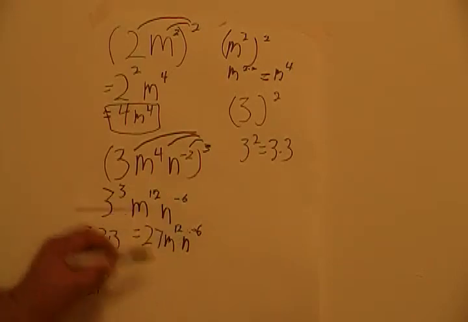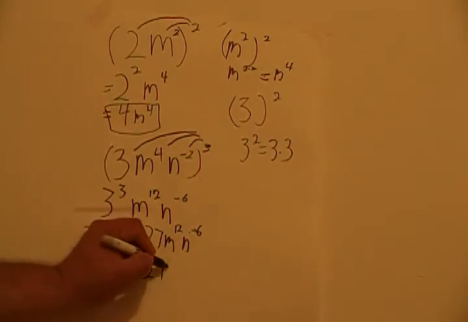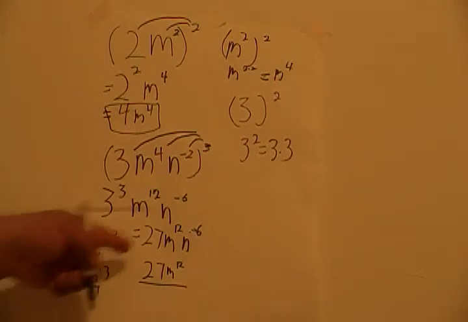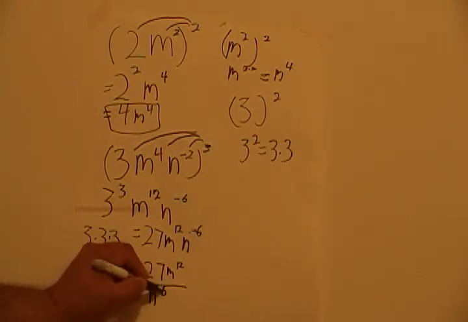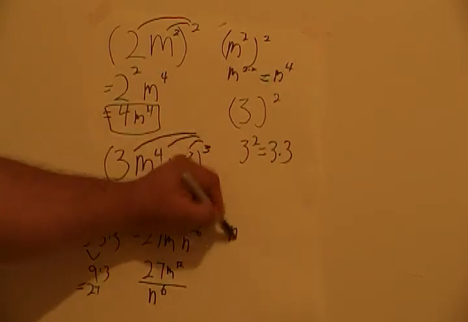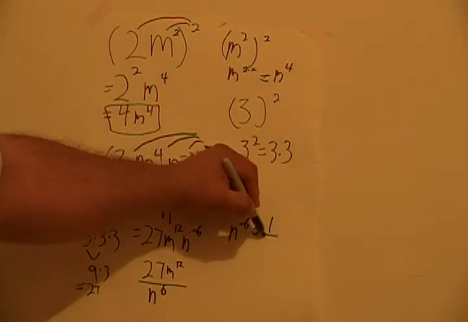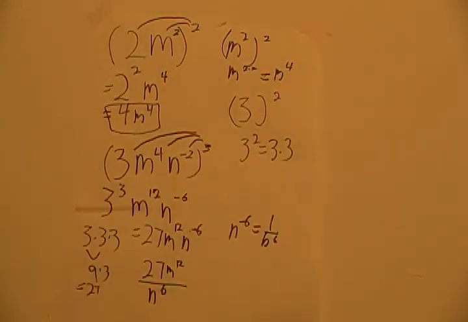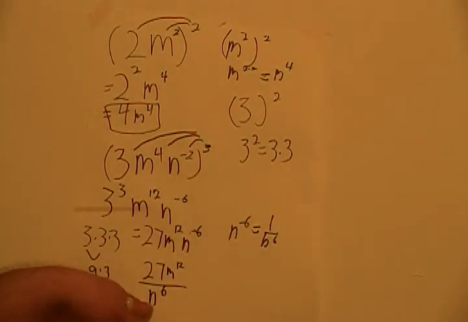So the final answer is going to be 27 m to the 12th power over n to the 6th power. Because remember, n to the negative 6 is equal to 1 over n to the 6. So that's why this n to the 6 is in the denominator.